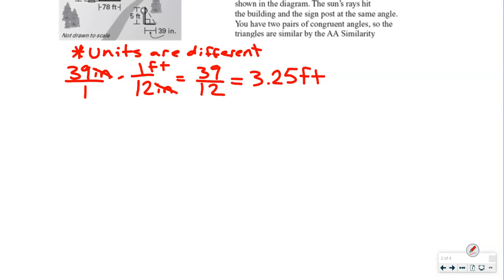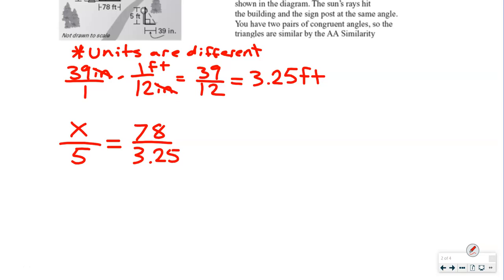All right, so now that we made that conversion, we can set up our proportions. To do that, we match up x, looking at our building side of x, it corresponds with our height of our signpost, which was 5 feet. And that proportion is going to be equal to the length of the shadow on the building, 78 feet, over the length of the shadow of the signpost, 3.25. Remember when we did our proportions? They have to be equal if we know the triangles are similar.